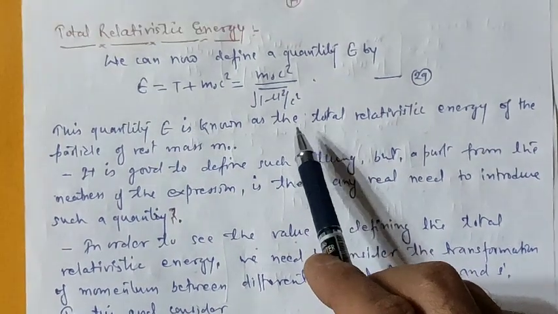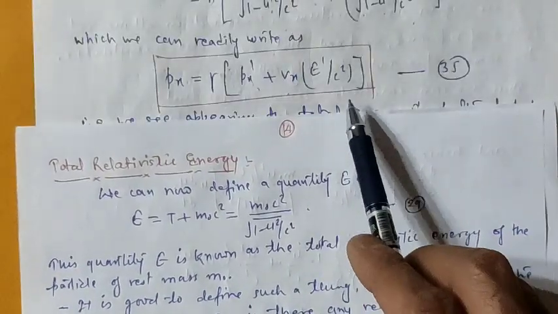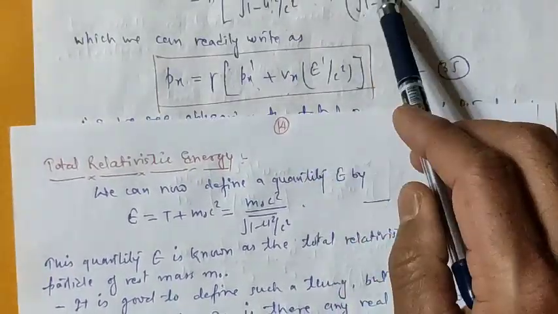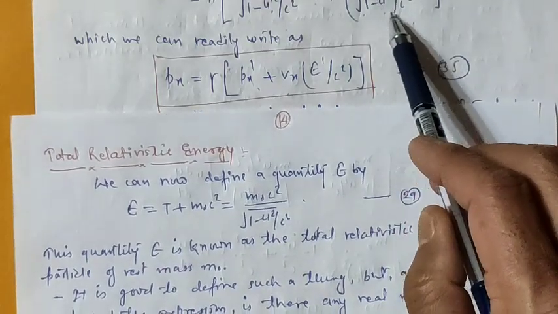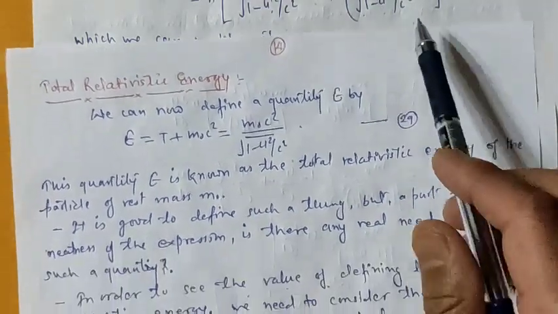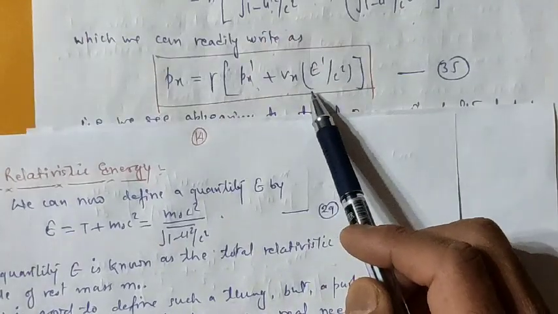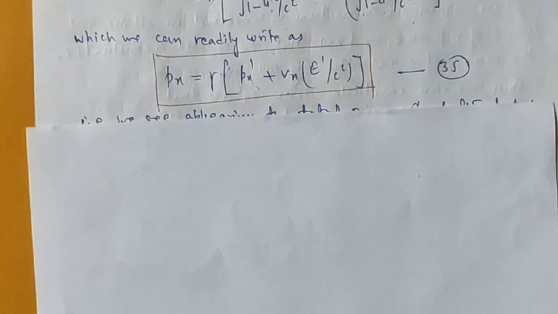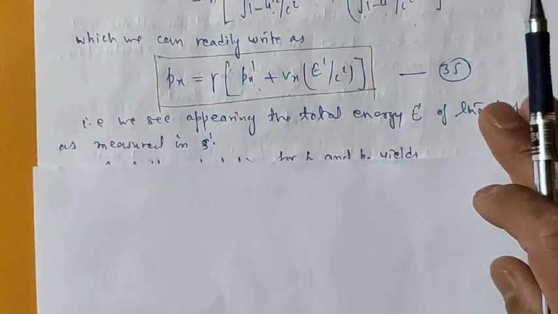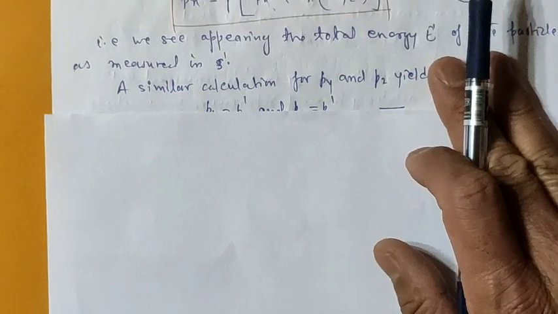Then in place of that, once I divide with c square, I have the same value, m naught divided by under root 1 minus u prime square divided by c square. Because the velocity is u prime, we are putting u prime. It means that this E prime and px prime, this energy and momentum, are measured in the frame S prime.